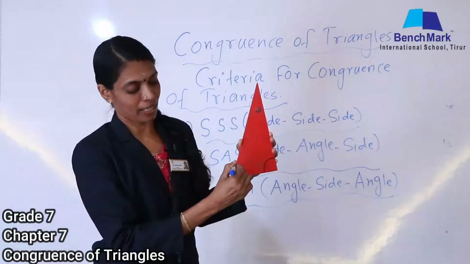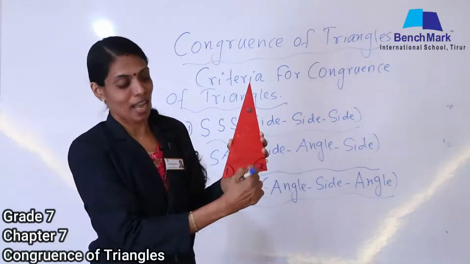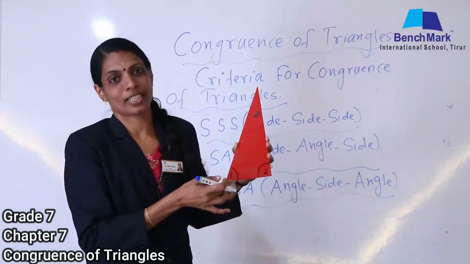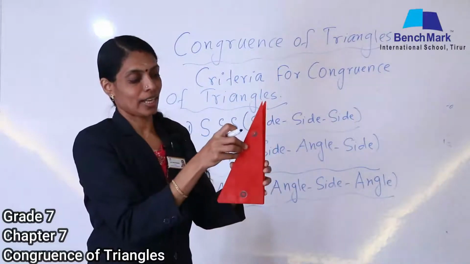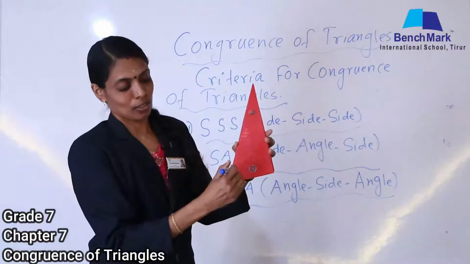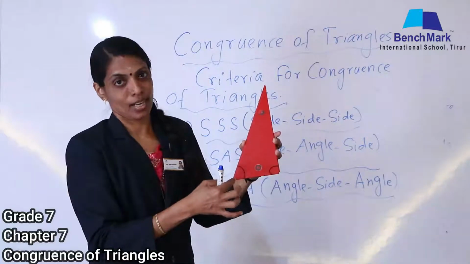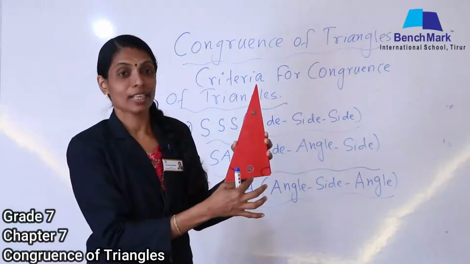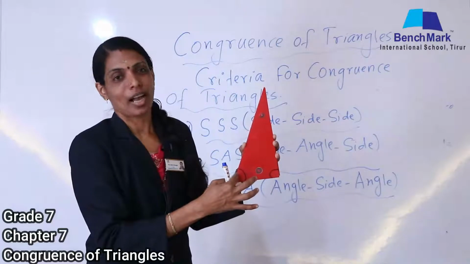Two angles, angle number 1, angle number 2. Two angles are there and there is an included side. They should be equal to the next triangle's two angles and the included side. Included side means the side which comes between the two angles.